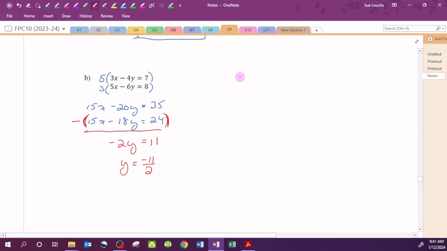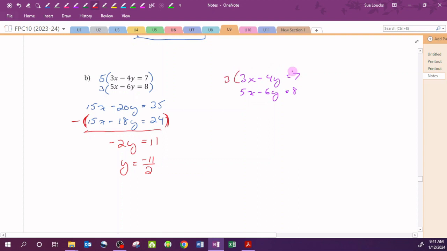So I'm going to take my original equations of 3x minus 4y equals 7 and 5x minus 6y equals 8. And I'm going to multiply this. I want to eliminate the y's. So my lowest common multiple is going to be 12.